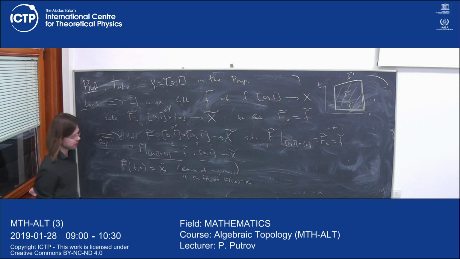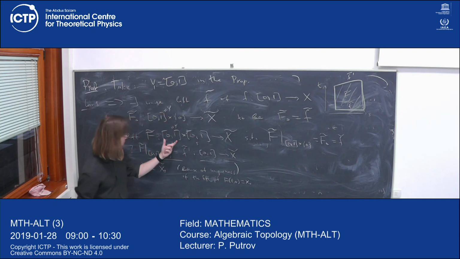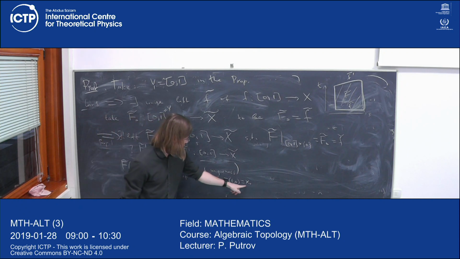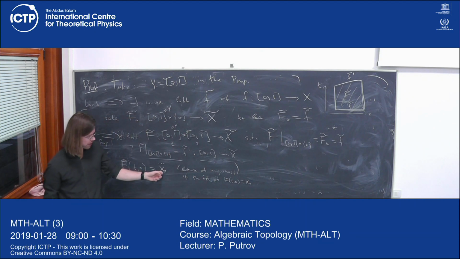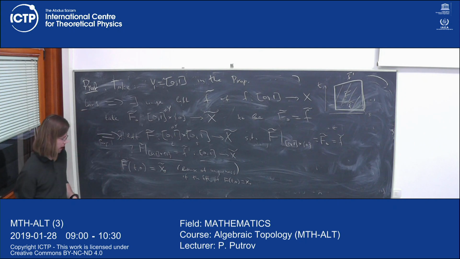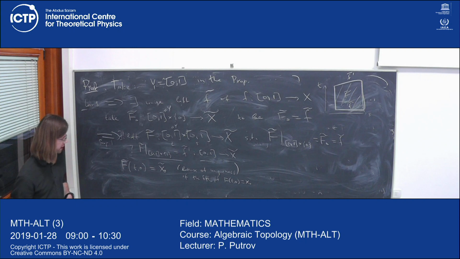So if I consider the restriction of F on just the first interval times 0, we know, since F is a path homotopy, it just stays fixed. I can always lift a constant map to a constant map, and since it's unique, I must have this.